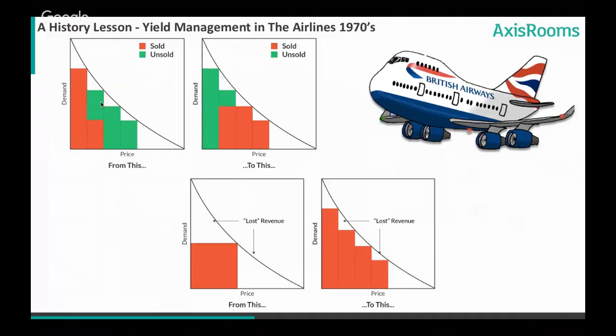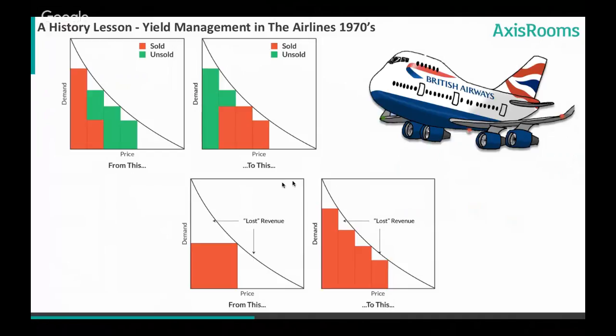If airlines continue to use the first-come, first-served selling process, as you can see on the left here, the plane would fill with lower rated demand. Now, if the airline saves its seats for higher paying customers who book later, then as you see on the right, more revenue is generated through higher prices charged for the same limited number of seats. Now, this was the basis for the first yield management process.